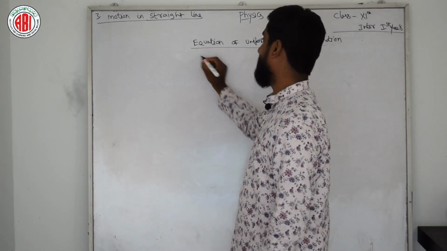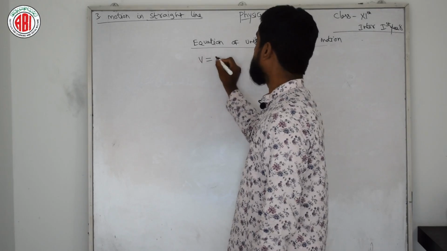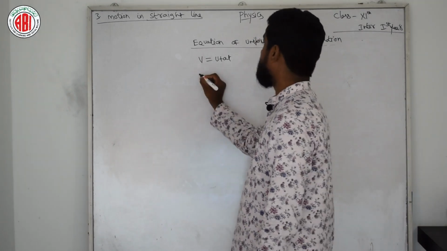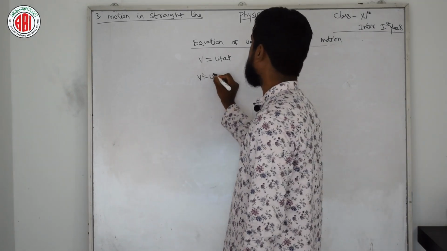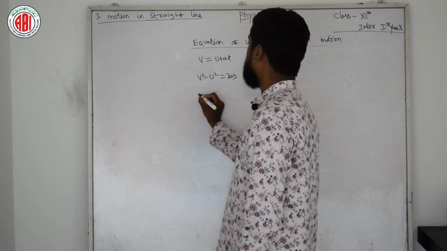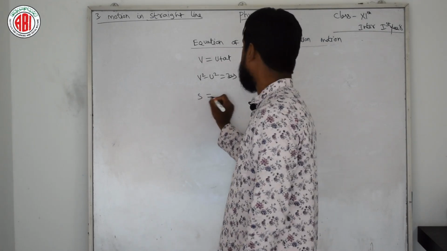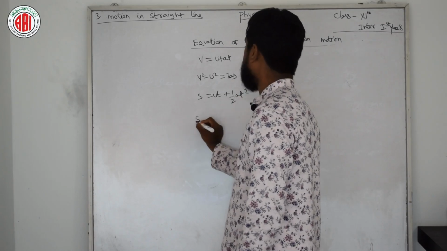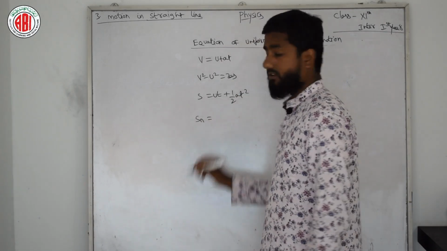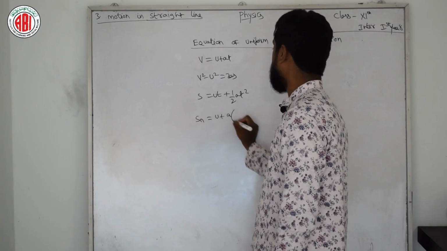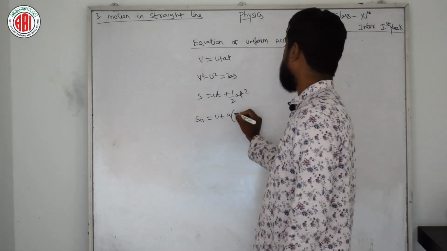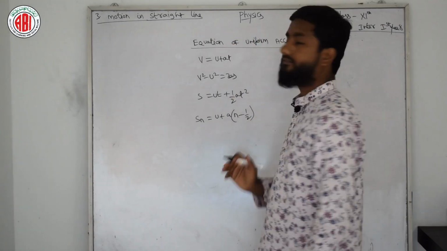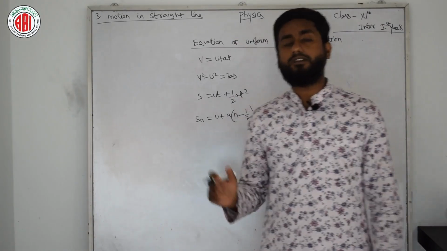Here we have 4 equations: v = u + at; v² − u² = 2as; s = ut + ½at²; and s_n = u + a(n − ½), or a(n − 1/2). So these 4 equations we have, but this is not the limit of these equations.